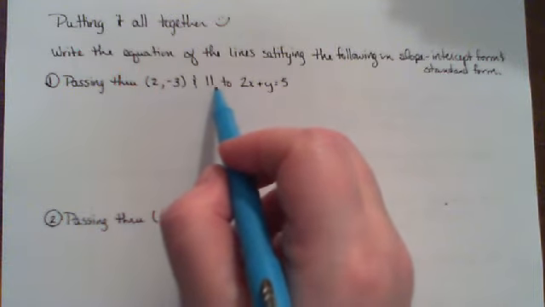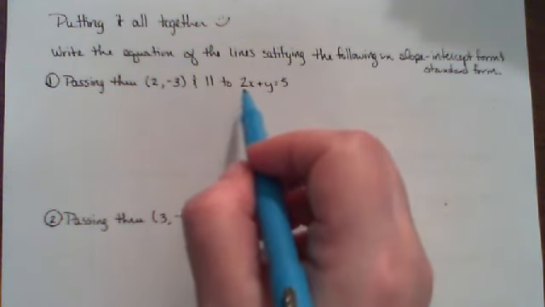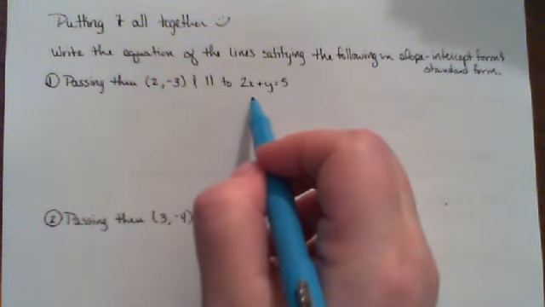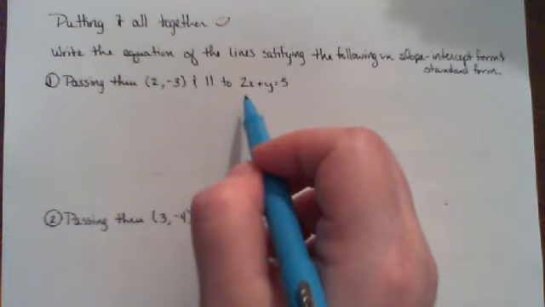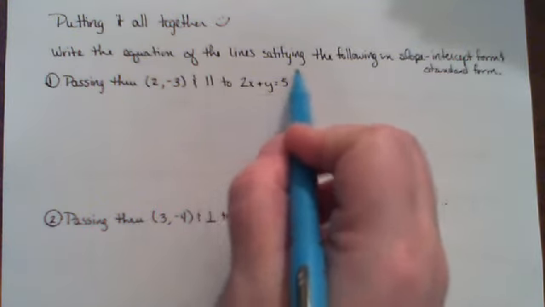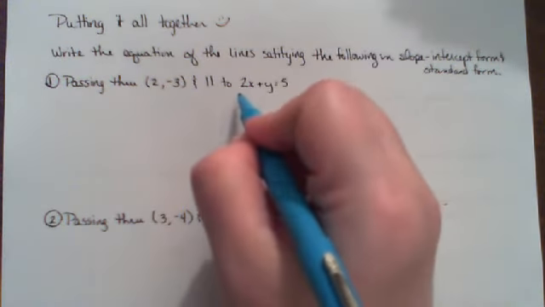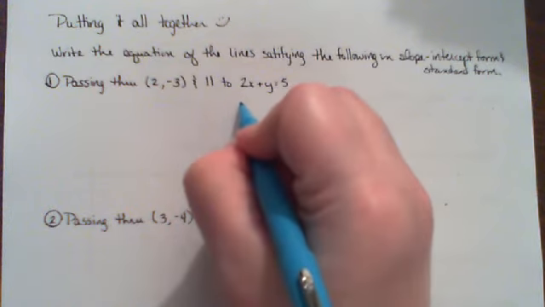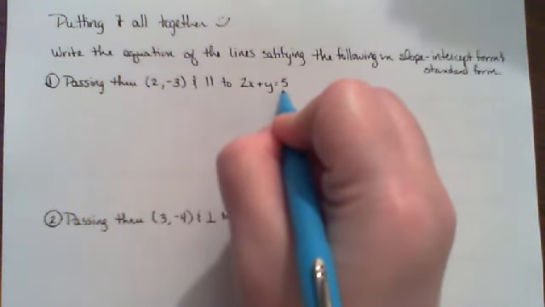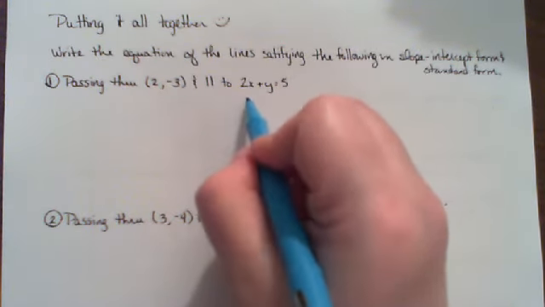Well, they want it to be parallel to this. So if they want it to be parallel to this, we just learned that parallel lines have the same slope. So we could figure out what the slope of this one is, and then we know the slope for this one. So I'm going to figure out the slope here. So we know 2x plus y is equal to 5.